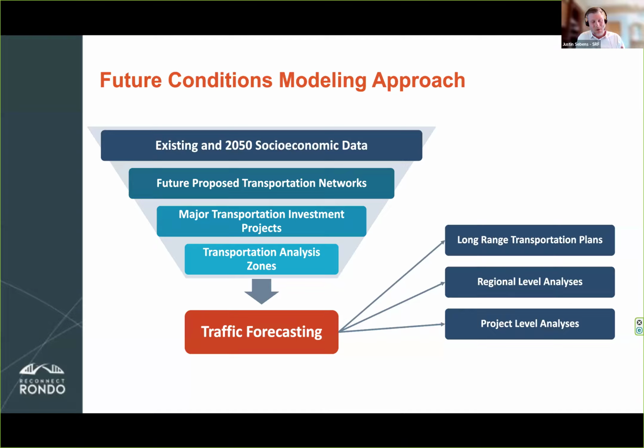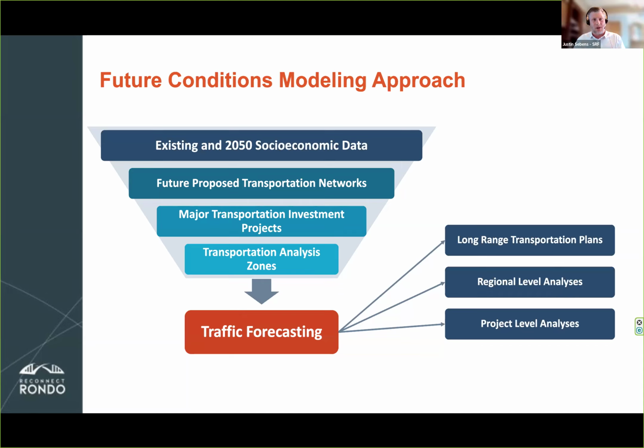But when we move from existing conditions into those future conditions, how do we look at the traffic volumes, the ped and bike volumes? How are those things going to change as we move into the future? Really, our starting point is the existing and the 2050 socioeconomic data.